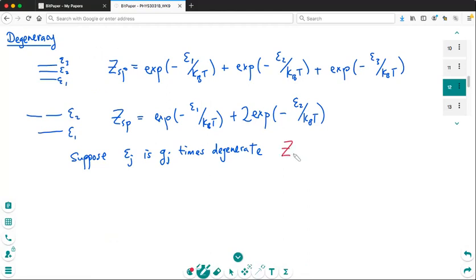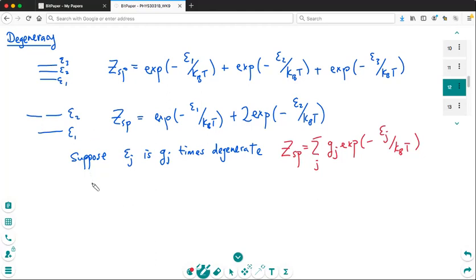The single particle partition function is simply the sum over j of g sub j times e to the minus epsilon j over kBT. You can see this is a consistent way to do things.